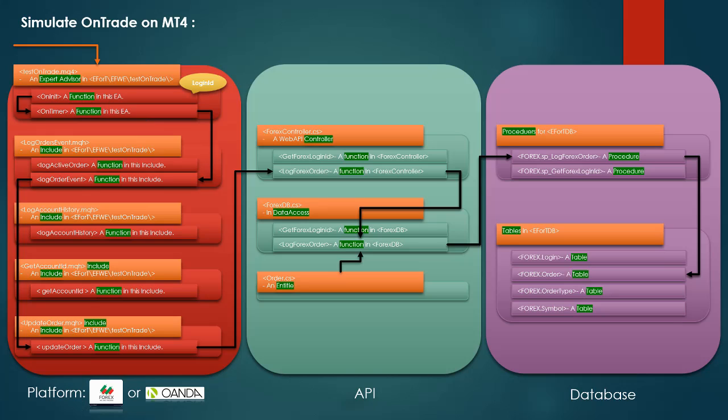You can set 1 second, 2 seconds, as you wish. With the onTrade function, we can detect orders, like a new order opened, some order added, and some order closed. And then we also transfer this data to our order table. So let's go to the code.